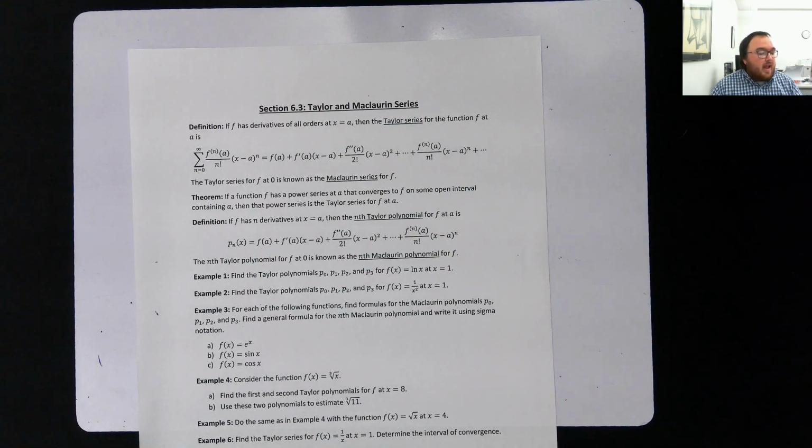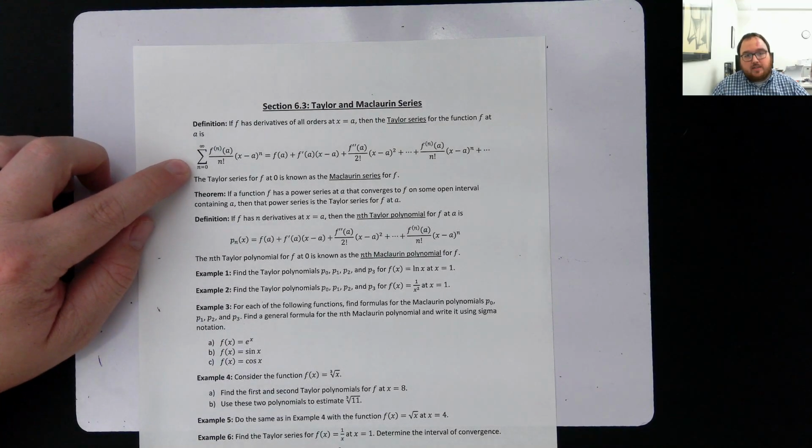And the theorem I have is that if a function f has a power series at a that converges to f for some interval containing a, then that power series is the Taylor series for f at a. So this is how I find what the power series is if it's not geometric. I do this.